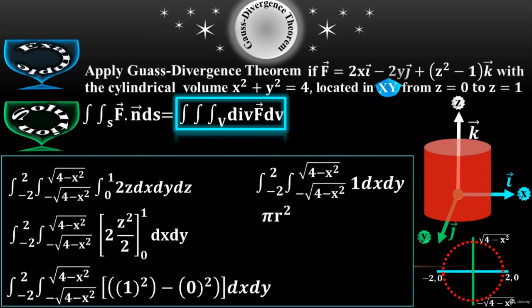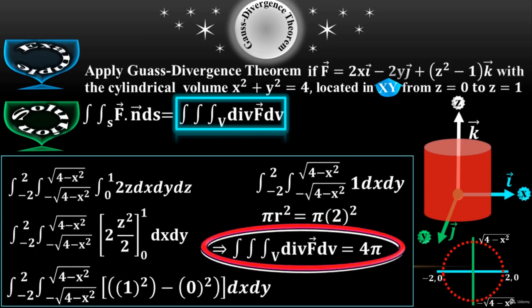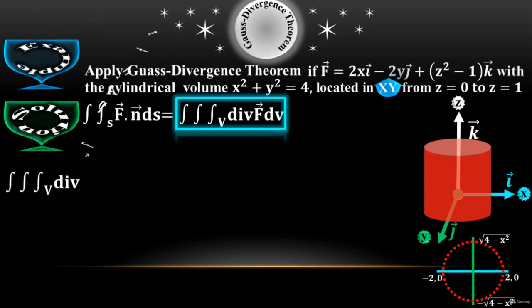But keep in mind that at this stage, this equation equals the circle. In other cases, you must calculate all three integrations, where r is the radius, which is 2. This is my final value when I apply the Gauss Divergence Theorem, which is the value for the right hand side.